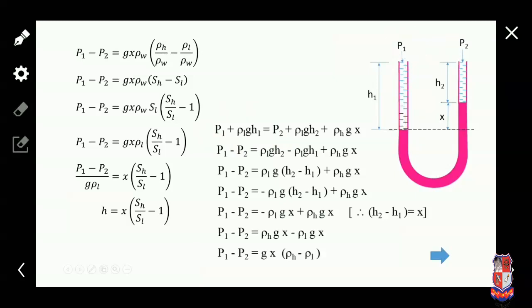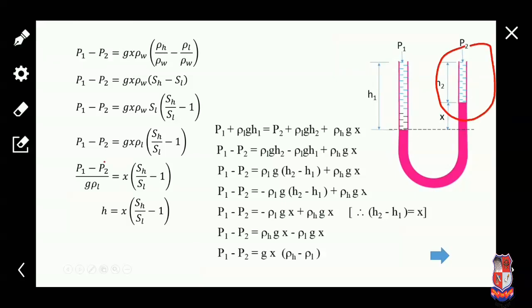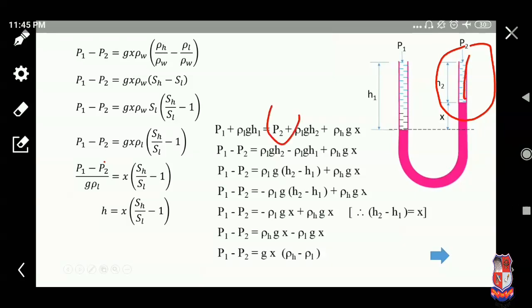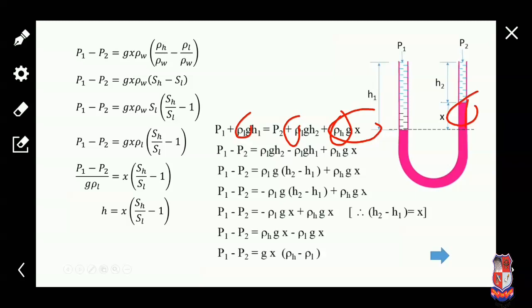Now on the right side of the limb, the pressure at the pitot point, plus the pressure due to the column of light liquid ρ1 g H2, and the pressure due to the column of heavy liquid ρh g x. Density ρh is the density of the heavy liquid, and ρ1 is the density of the flowing liquid.